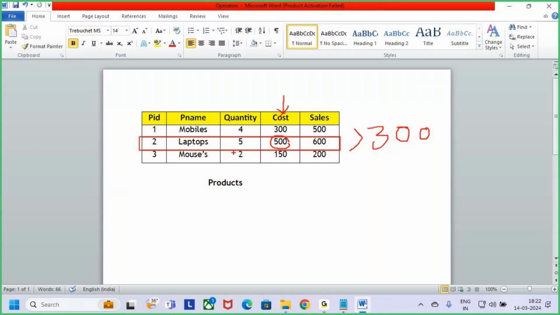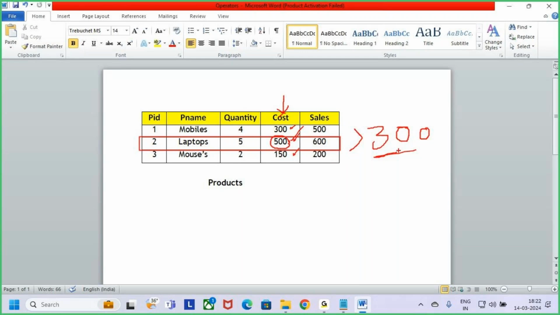So what I'm doing here, I'm going to compare the values. It goes to the cost column, to the first row. It will compare whether the value satisfies this condition or not. Is it greater than 300 or not? No, it's not greater than 300. Next it goes to another row. Here also it will compare whether the value is greater than 300 or not. Yes, it is greater than 300. It is true, so we'll get it in the output. Next it goes to the next row. It will compare whether 150 is greater than 300 or not.